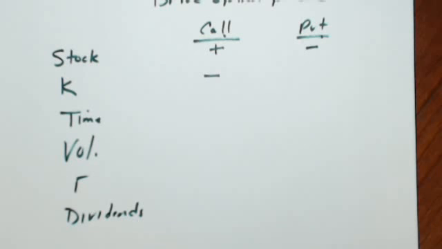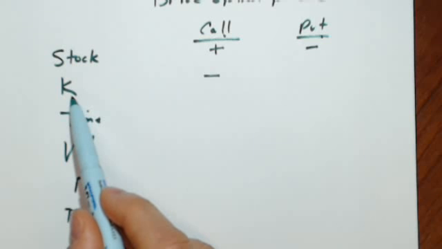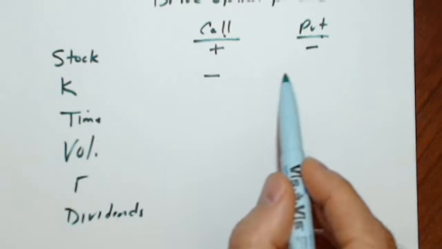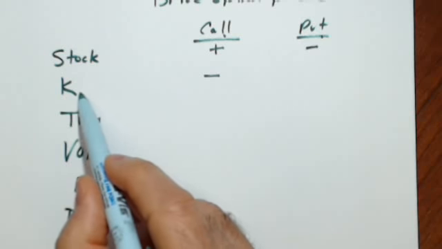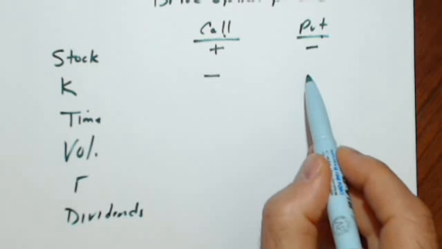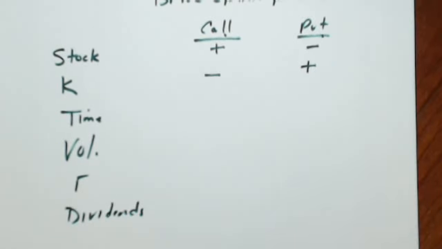And that should make sense, because the strike is the price that you're going to pay when you exercise the option. If the price you pay is going to go up, the call is worth less. And for the put, K is the sales price. So if the sale price goes up, the value of the put goes up. So far, not too bad.